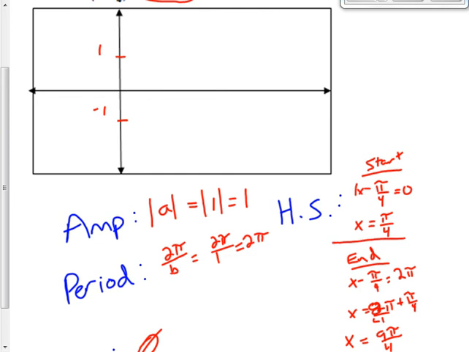So I've got x equals pi over 4 as my starting point. That's where the sine graph starts. So sine starts at the x-axis. And I can then say, well, out here at 9 pi over 4 is where this is going to end. So here's 9 pi over 4 out here, and this is going to end here.